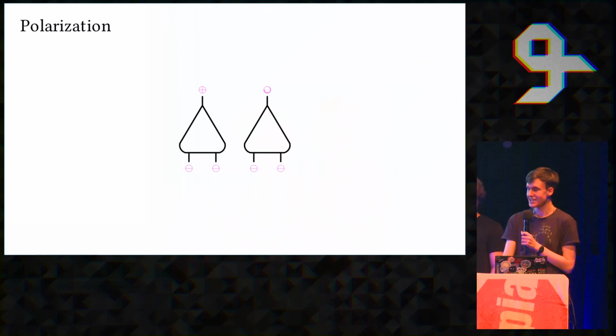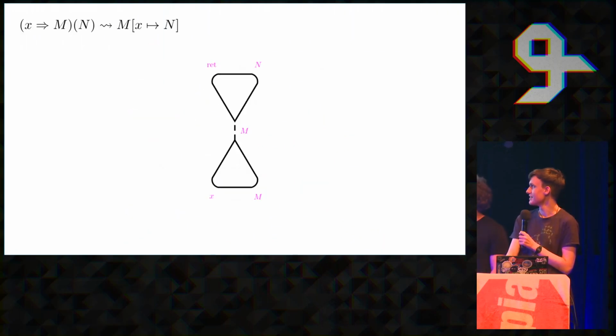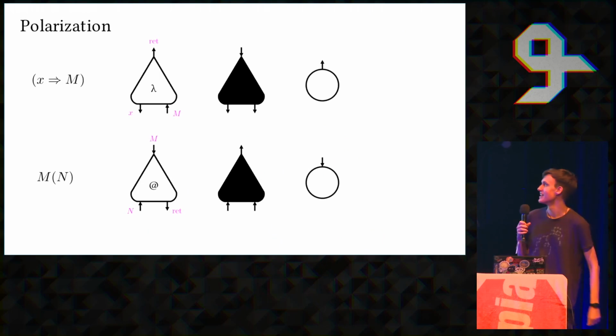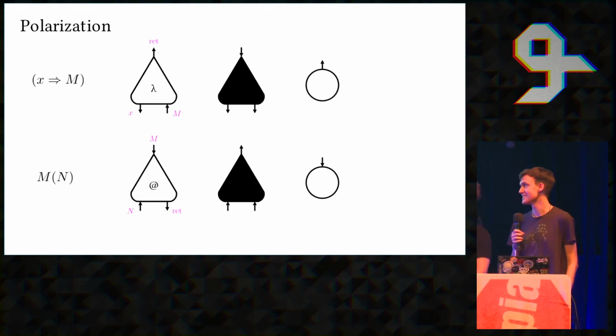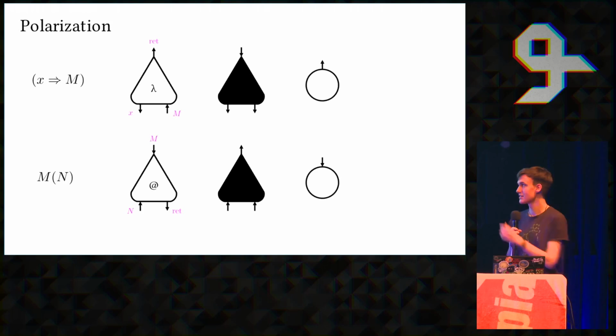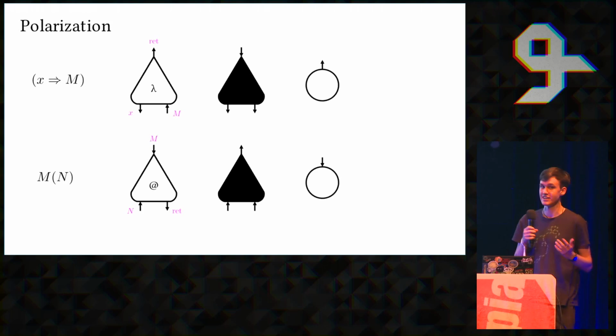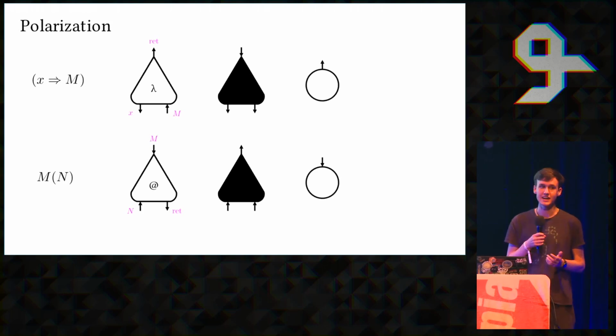So sorry about that, but now we're back. Basically, what we have seen is that we can polarize our agents with polarities. Now that we have this function on the left side, which is the function that we defined earlier, an anonymous function, it receives an argument x and returns a term m.